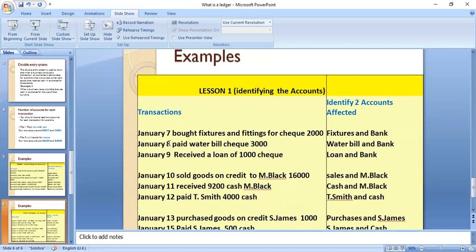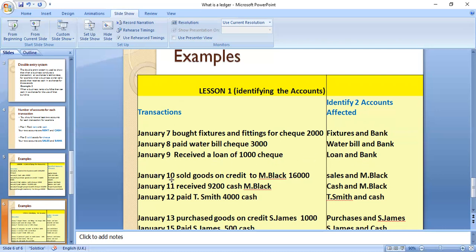On January 8th, it says paid water bill by check $3,000. The two accounts affected would be water bill and bank, right? On January 9th, we received a loan of $1,000 by check. The two accounts affected are loan and bank. Here they are, loan and bank.